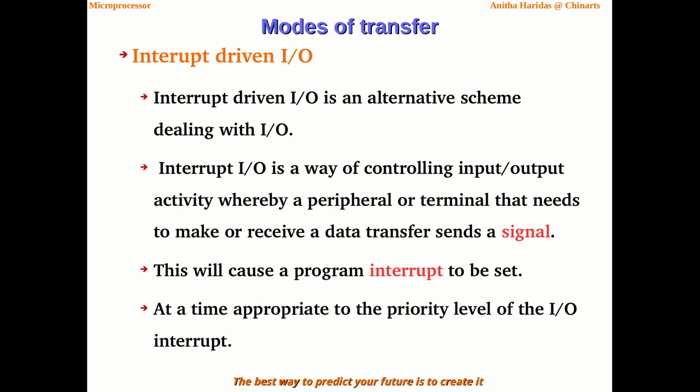So to overcome this difficulty, we have interrupt-driven input-output. This is an alternative scheme dealing with input-output. Now here in the interrupt input-output, we are going to see how the problem of programmed input-output is overcome.